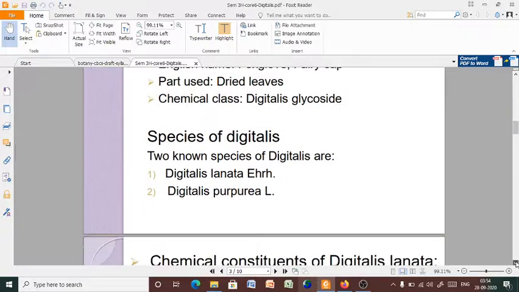Now, although we are very popular, known as Digitalis purpurea, Digitalis lanata can also be used for this purpose.